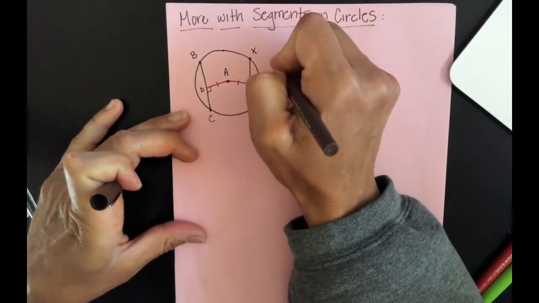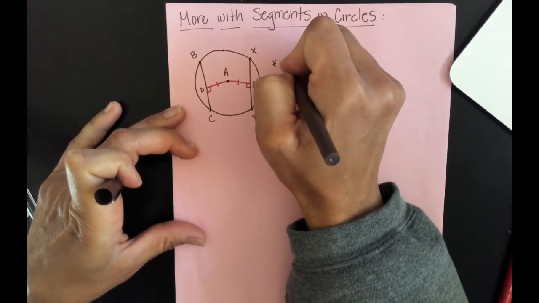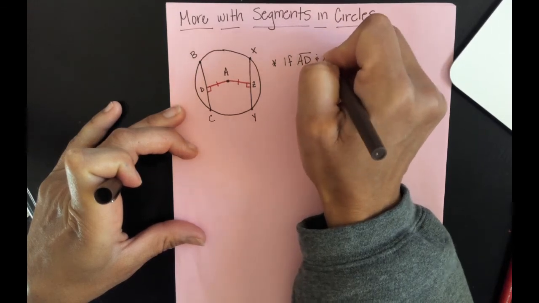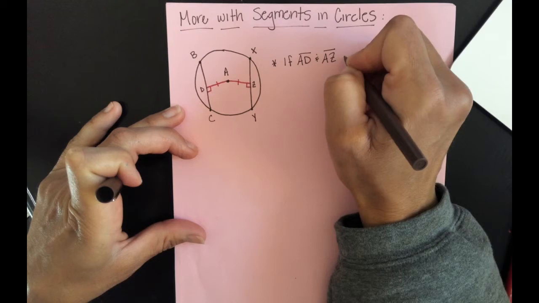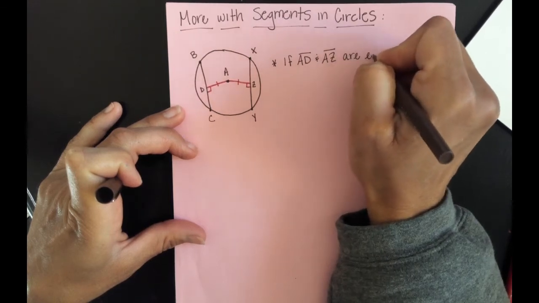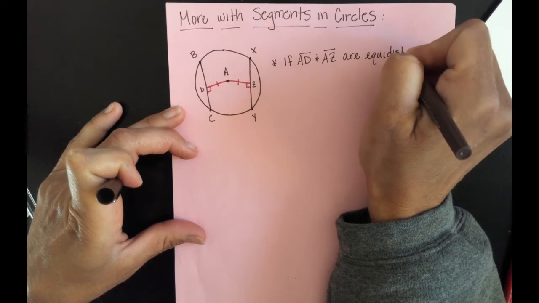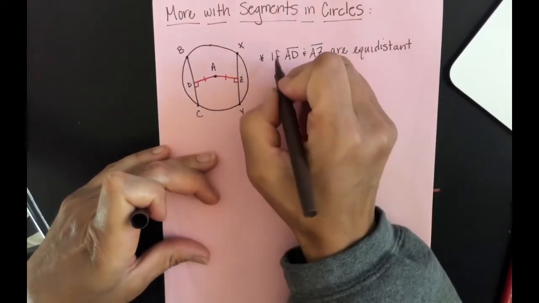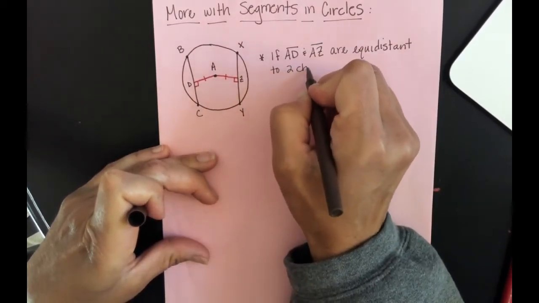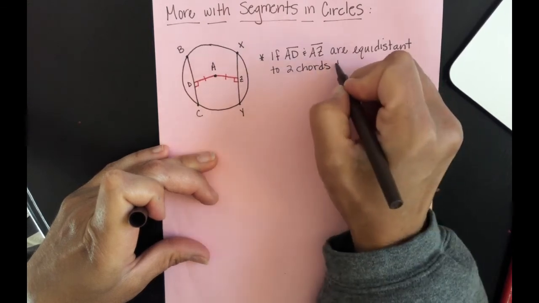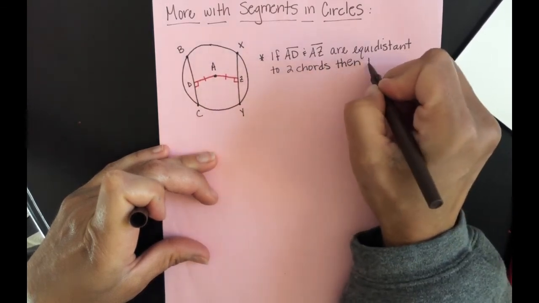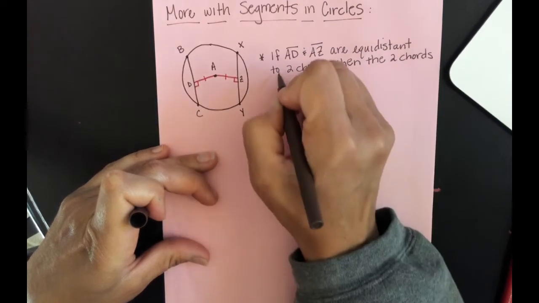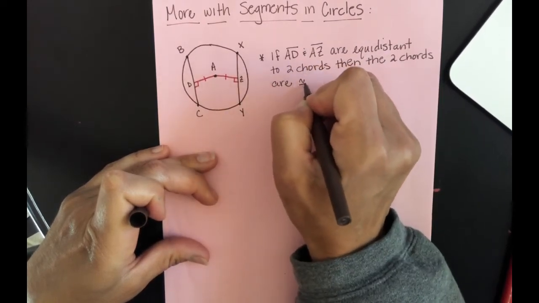So when we write our theorem, it would say if AD and AZ are equidistant, remember equidistant is just a fancy way of saying equal distance, to the two chords, then the two chords are congruent.